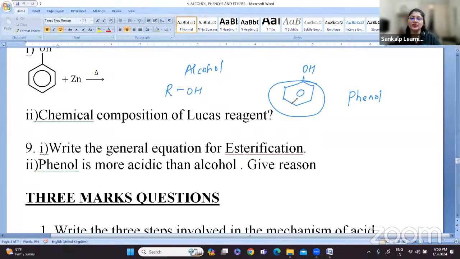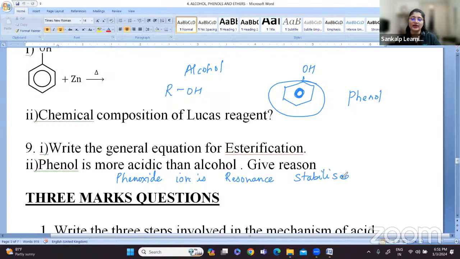So what is happening here? Phenol is more acidic because when you're writing the resonance structures, there will be formation of phenoxide ion, and this phenoxide ion will be resonance stabilized. Please note this down if you don't know: phenoxide ion is resonance stabilized.